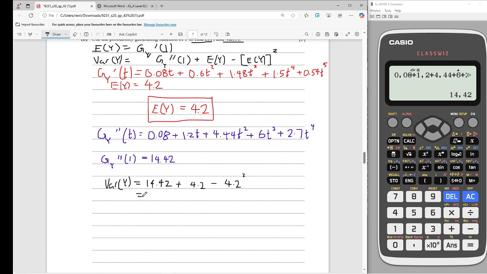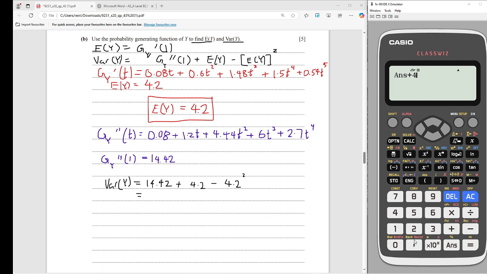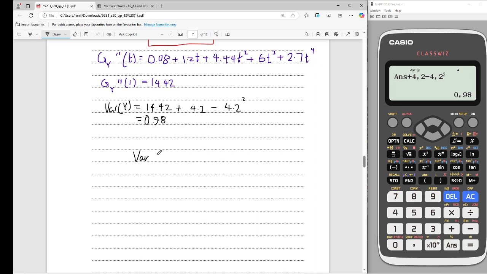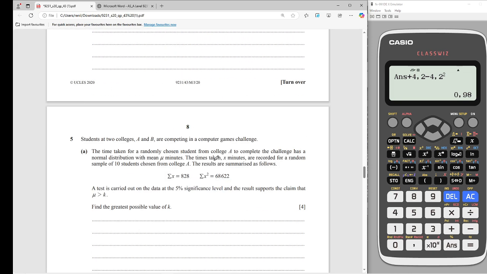So to get this value, we get here 14.42 plus 4.2 minus 4.2 squared, which is equal to 0.98. Hence we can also box our answer for this one. Variance of Y is equal to 0.98, and that sums up all of PGF.